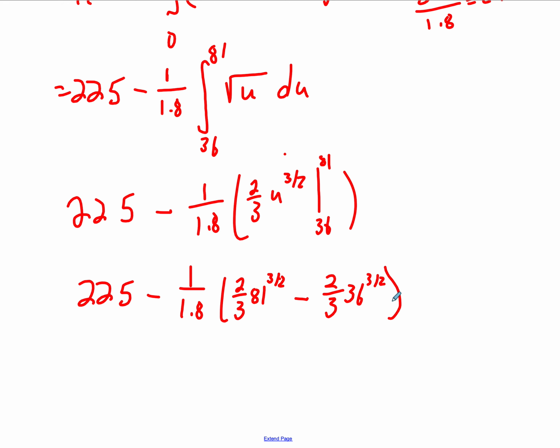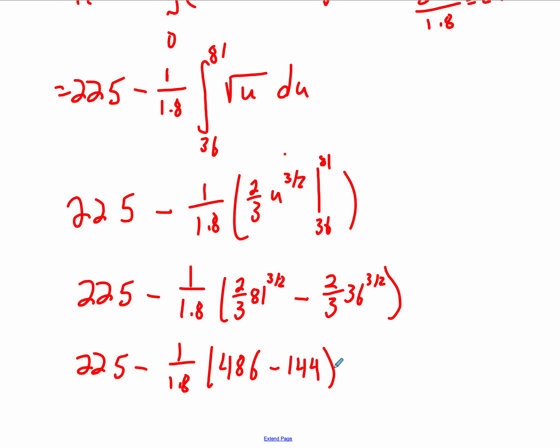If I do that on my calculator, you get 729. So 225 minus 1 over 1.8, and now you have to do 2/3 of 729, and you get 486. Over here, the square root of 36 is 6. 6 cubed is 216. And 2/3 of 216 is 144.